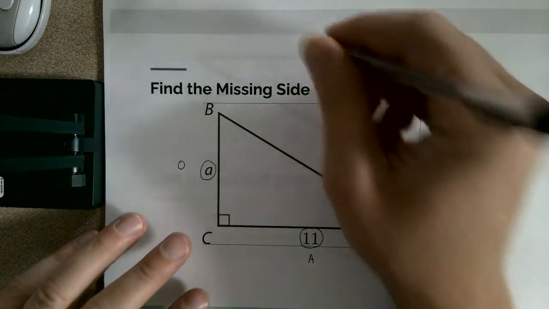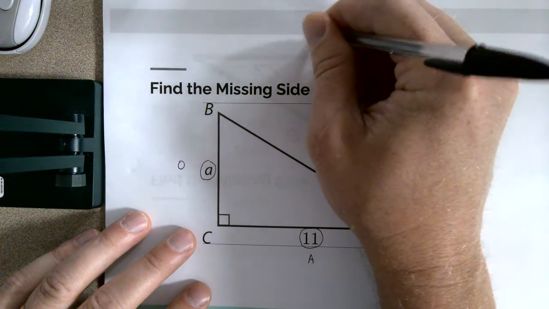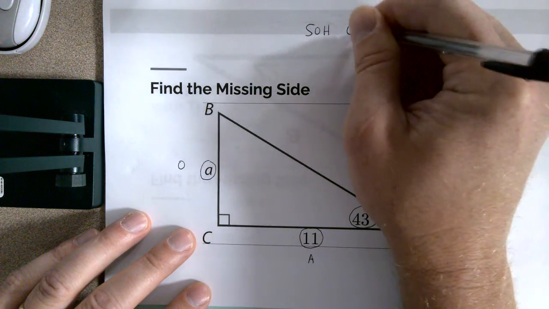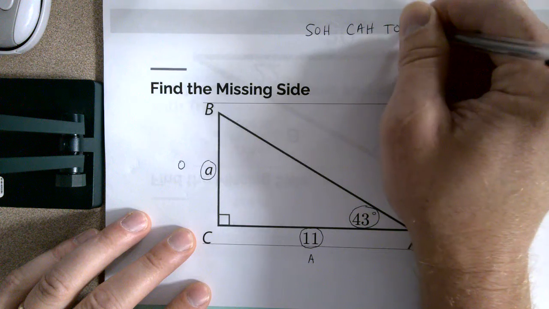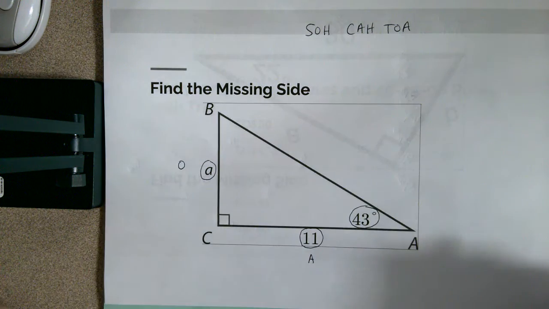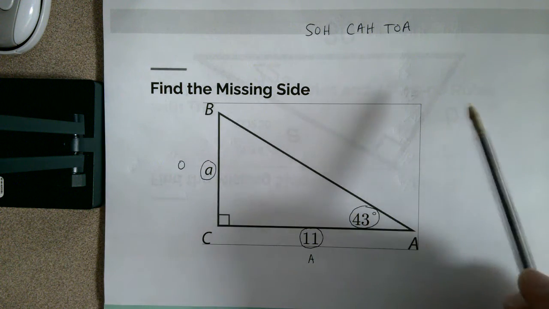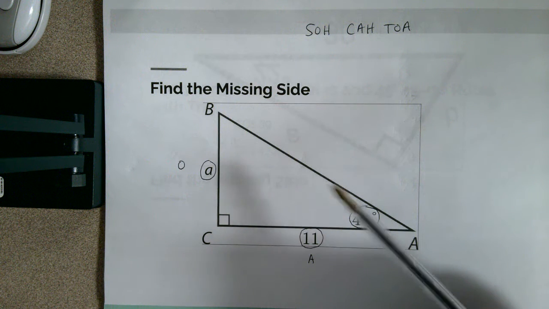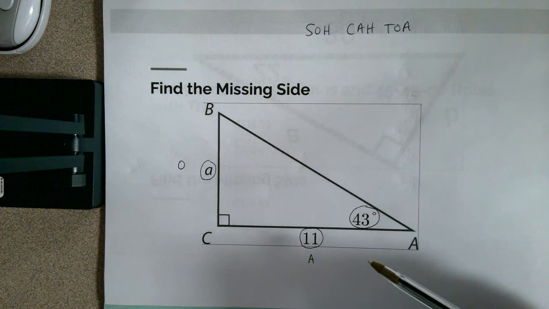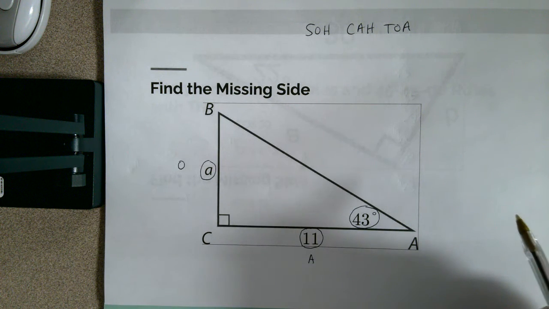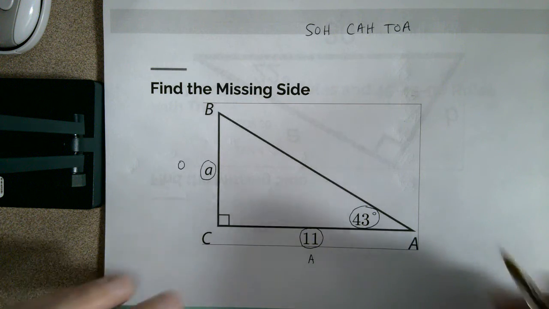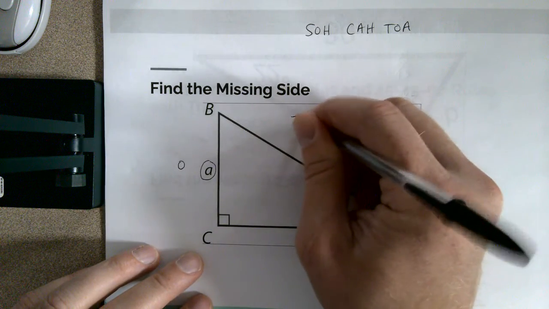So when you think about your little saying, Soh Cah Toa, which of the three trig functions do we use with the opposite and the adjacent side? The Soh, the Cah, or the Toa? The Toa. So that tells us in this problem we are going to use tangent.